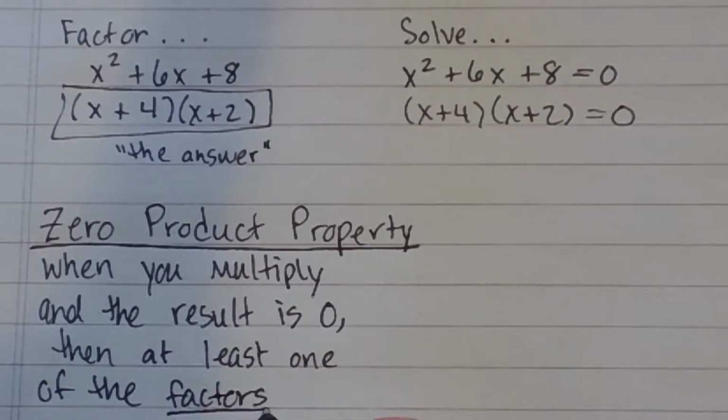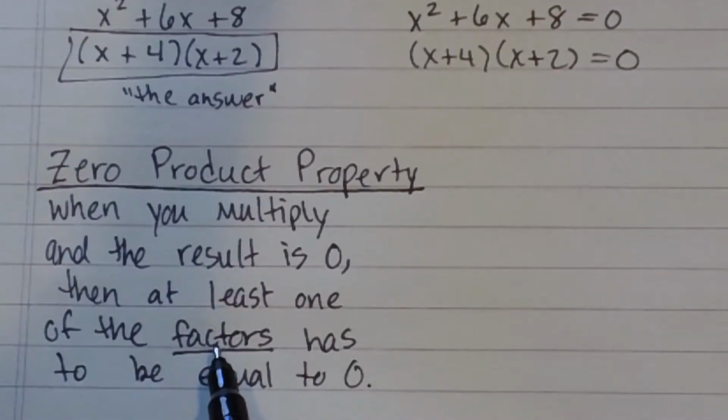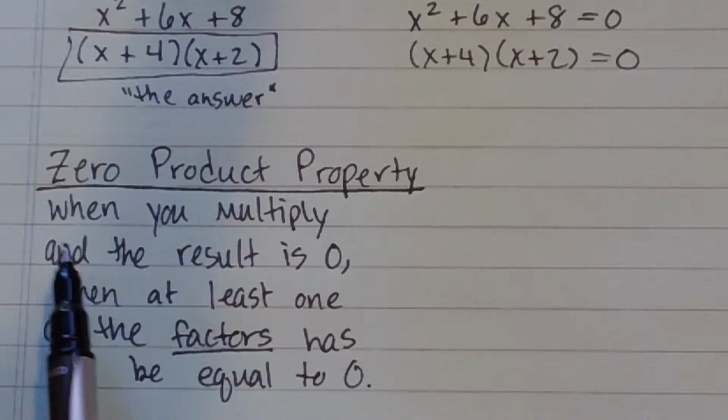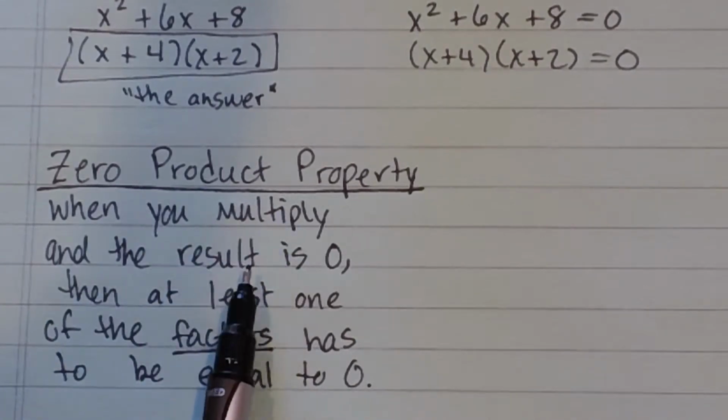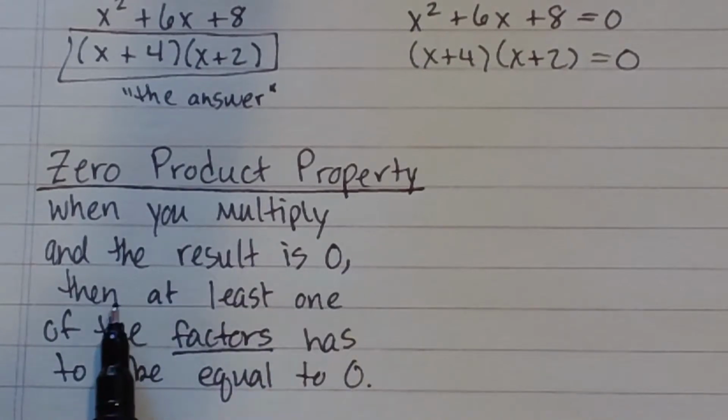Factors is a good term we'll talk about in a second. Factors in math means something that's multiplied. So when I have a multiplication that equals 0, that means at least one of the things that are multiplied has to be equal to 0.